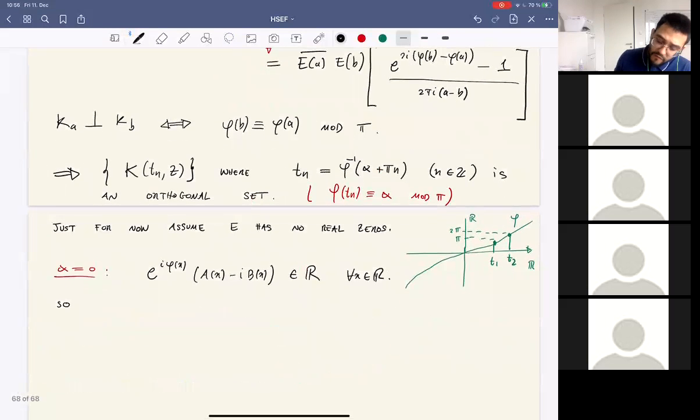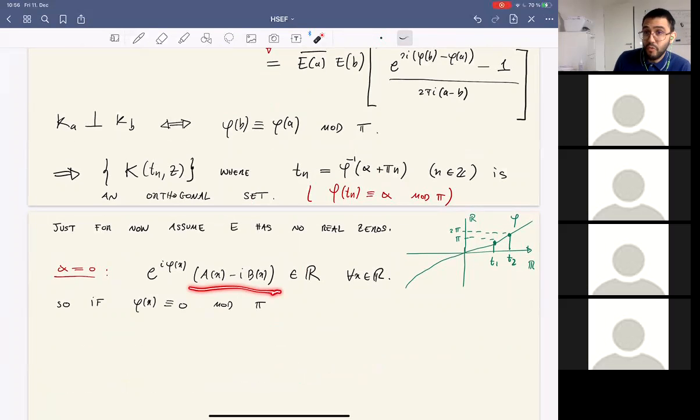Okay. So if alpha is 0, that means phi of X is congruent to 0 mod pi, then we just have this thing. So this thing has to be real.